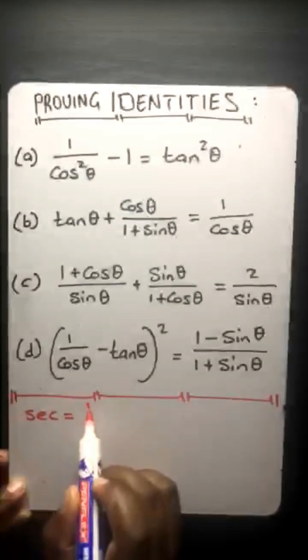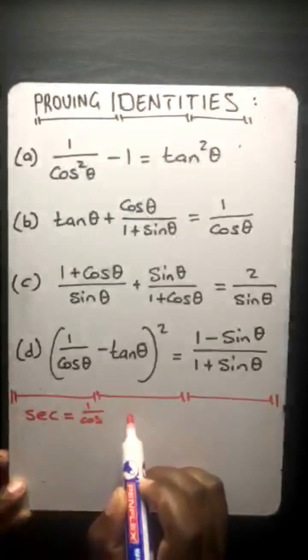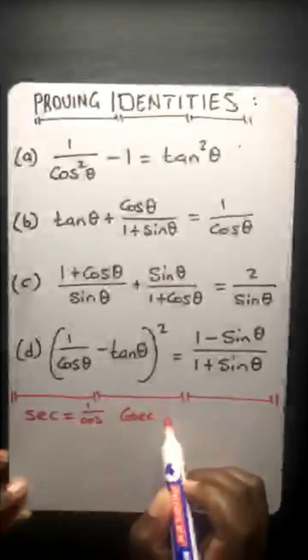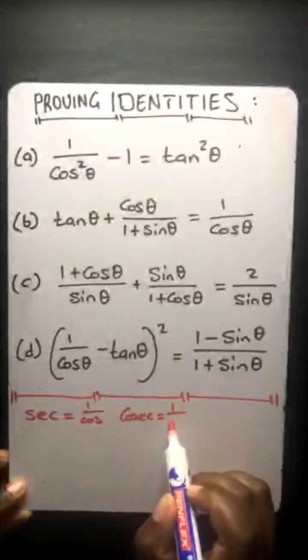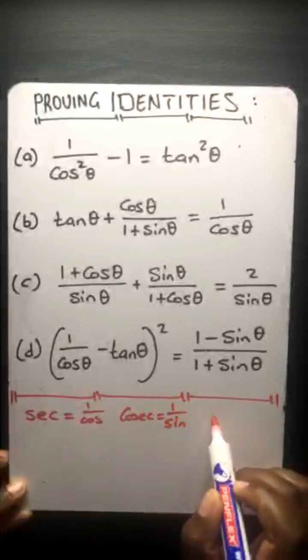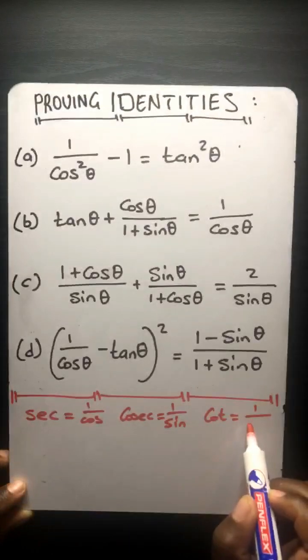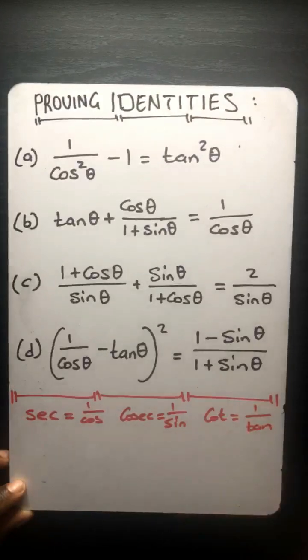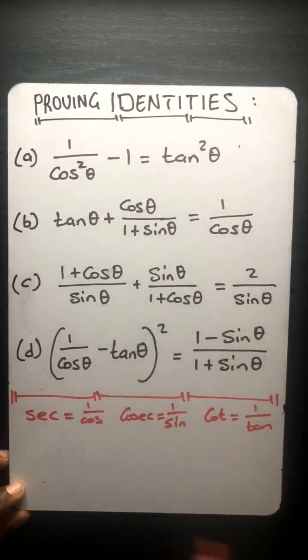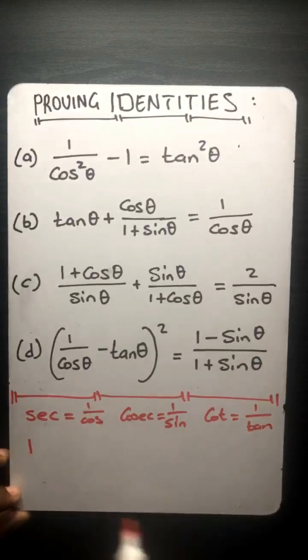Let's see. Sec is 1 over cos, and then cosec is 1 over sine, and then cot is 1 over tan. Always remember this.